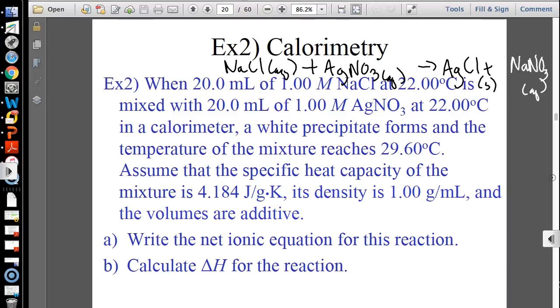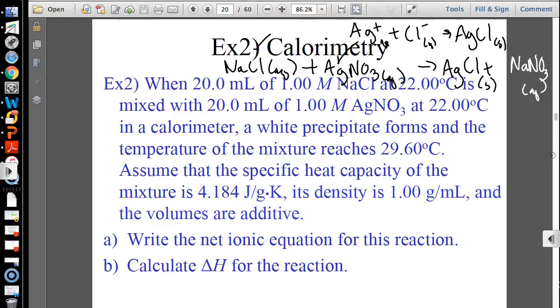So, when I graded your last FRQ, some of you guys had trouble writing the net ionic equation. Look for whatever went into making that liquid or that solid. The only 2 things that went into making that solid, the silver chloride, are the silver ion and the chloride ion. So the net ionic is silver plus chloride, and these are aqueous, gives me silver chloride solid. That's a net ionic. Any problems with that?